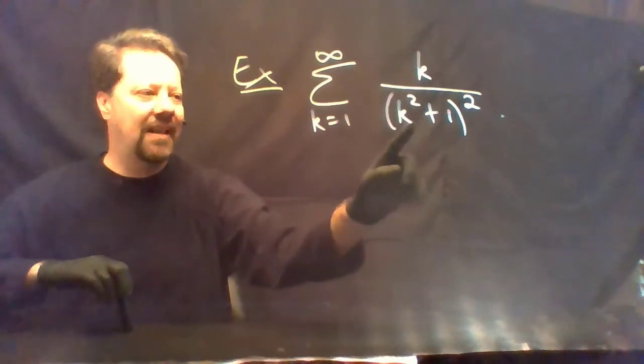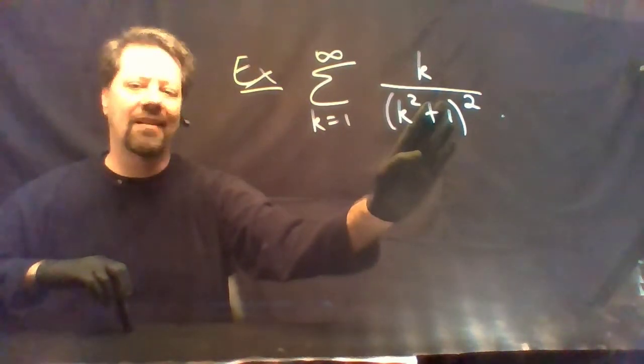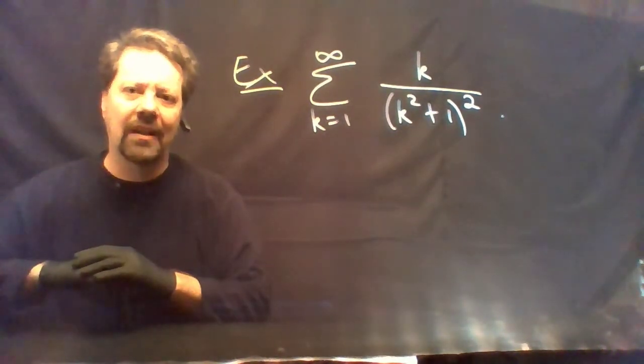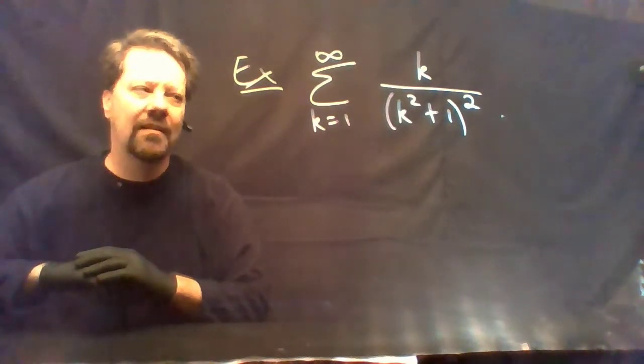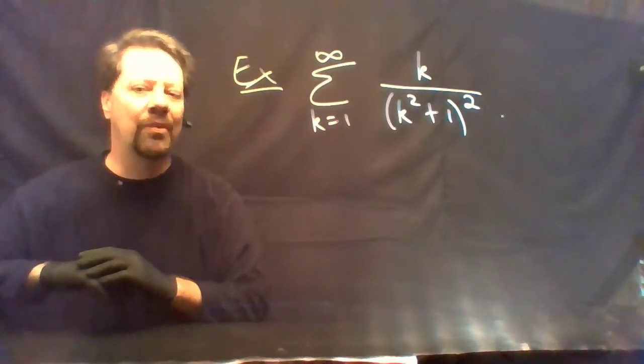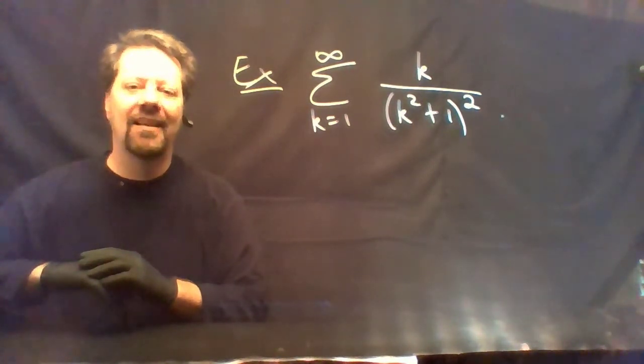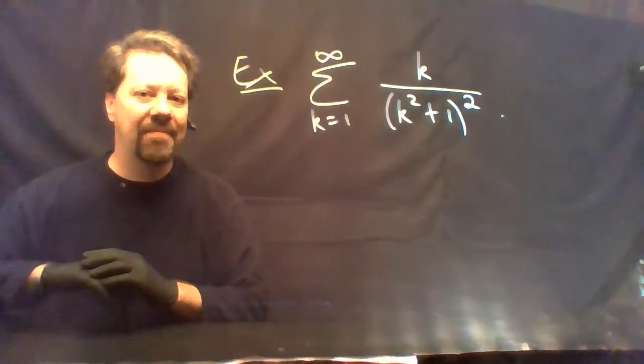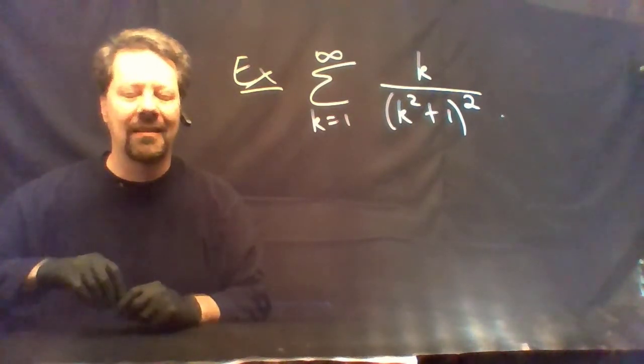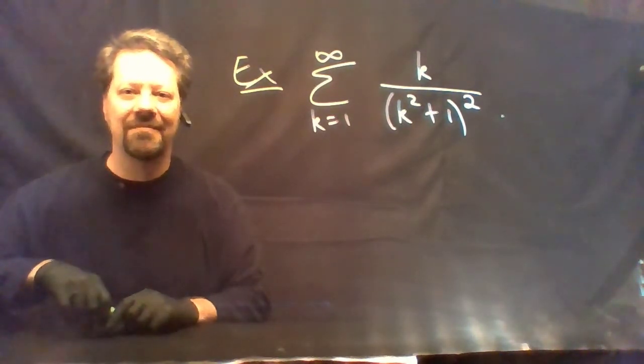Notice that if k is big, then the plus 1 doesn't matter. The denominator will look like k to the power 4. Canceling the k in the numerator, this looks like 1 over k cubed. It looks like a p-series with p equals 3. Since 3 is bigger than 1, it will converge.